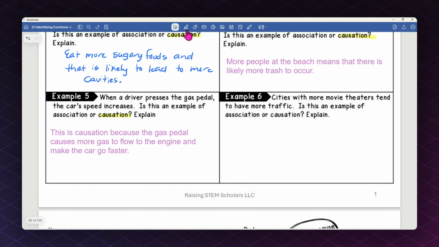All right. And then our final example here, we have cities with more movie theaters tend to have more traffic. Is this an example of association or causation? So let's think about this just for a second.